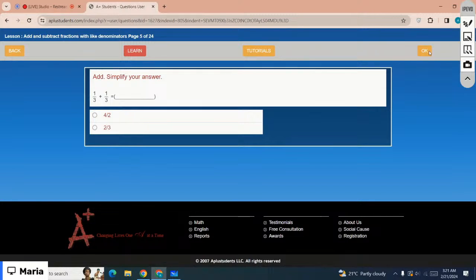Yes, because the denominator is the same, right? So you simply have to add the numerator. So that is 2 over 3. Got it?